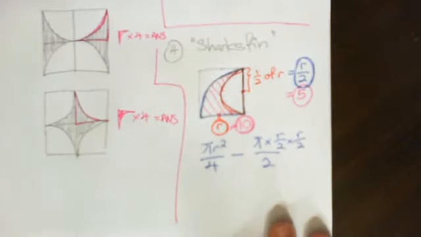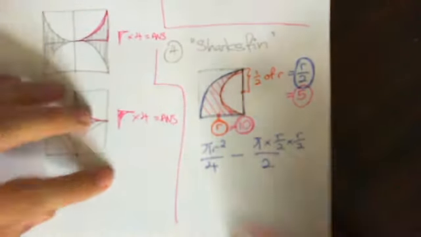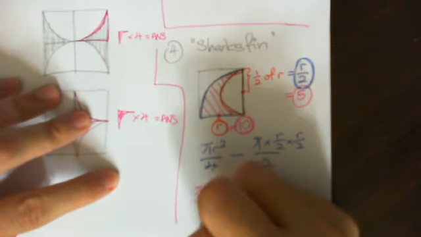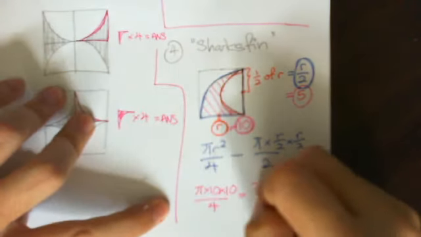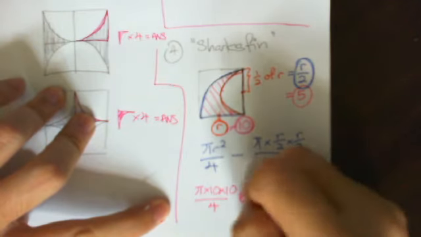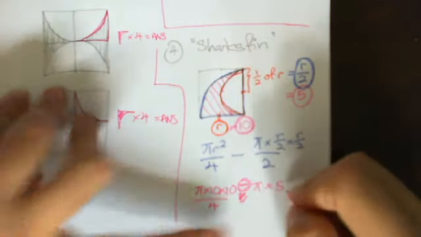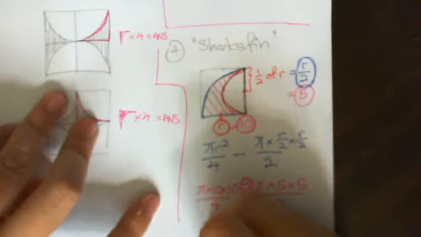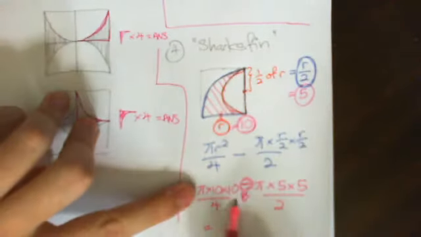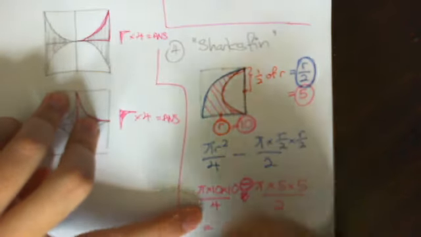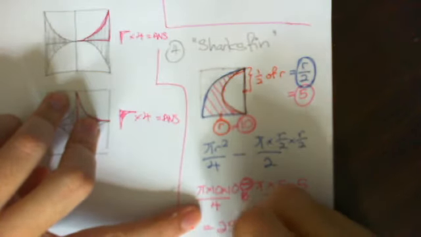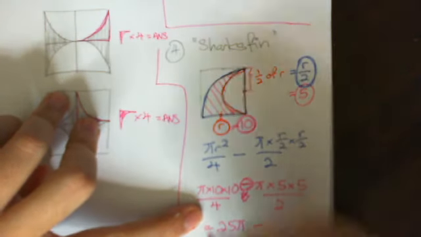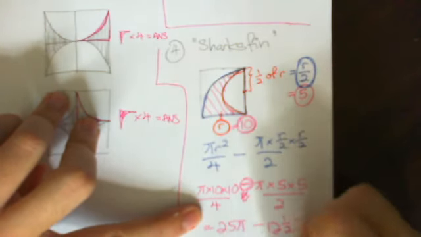So let's say this is the actual working, so how will it look like? Pi times 10 times 10 divided by 4, minus pi times 5 times 5 divided by 2. 10 times 10 is 100. 100 pi divided by 4 is 25 pi. 25 pi minus 25 pi divided by 2, 12 and a half pi.